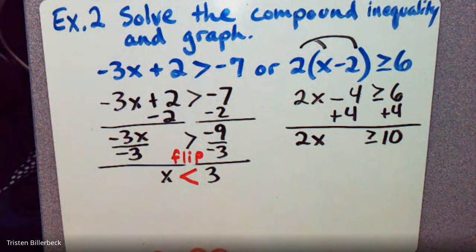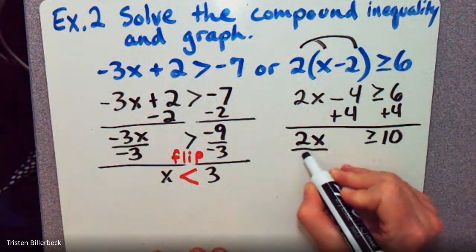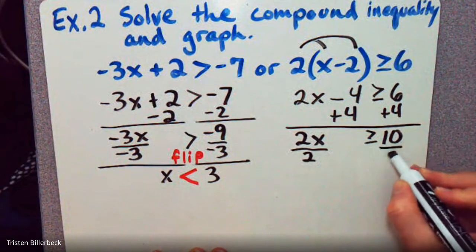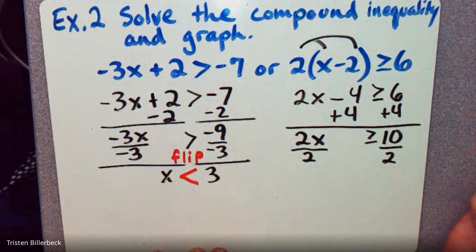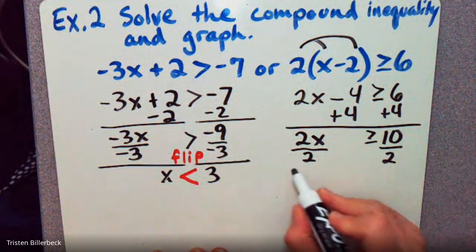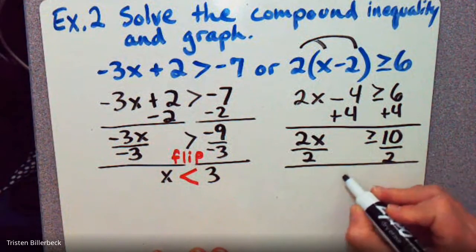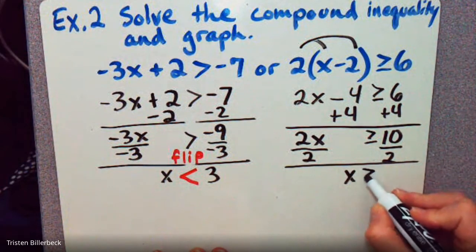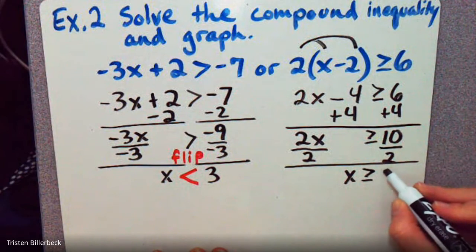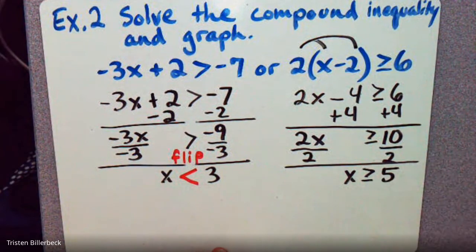So now I'm going to use a multiplicative inverse, and I'm dividing by a positive 2, so the sign does not flip. It stays the same. And I have x is greater than or equal to 5. All right, so now I can graph this.